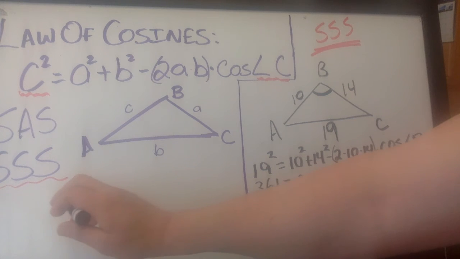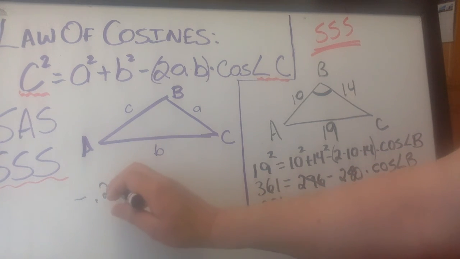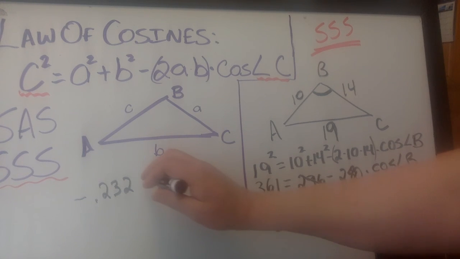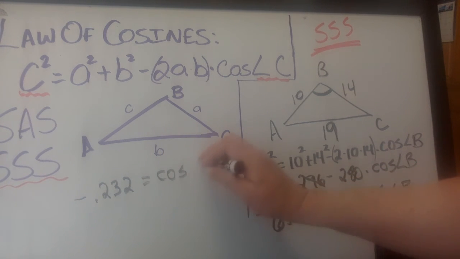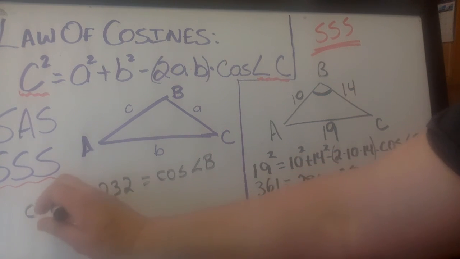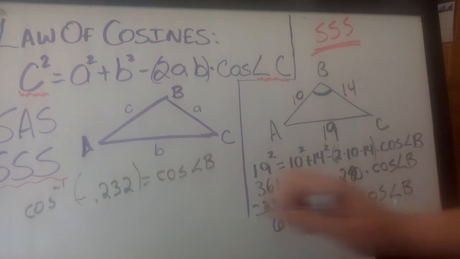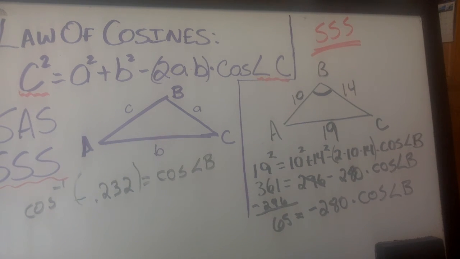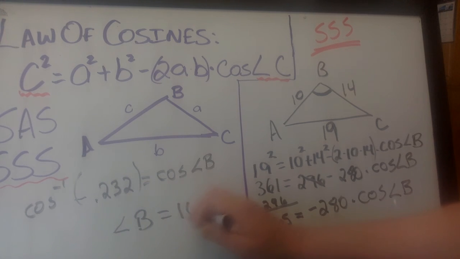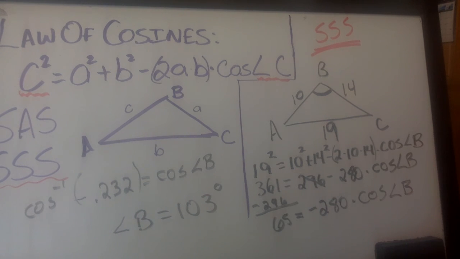Negative 0.232 is equal to the cosine of angle B. Take the inverse cosine of both sides. If we take the inverse cosine of that, we get 103 degrees. So angle B is 103 degrees. And you can round angles to the nearest 1 degree.